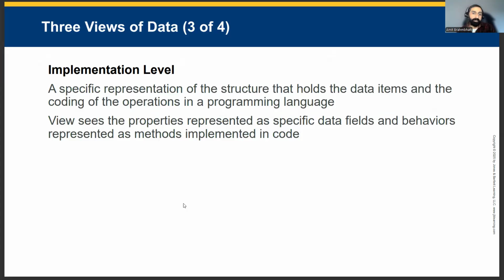The implementation level is where we finally decide how the data is stored and how the operations are coded. Here, the abstract ideas turn into actual data, fields, and methods. For instance, a list might be implemented using contiguous array memory or using linked nodes connected by pointers.